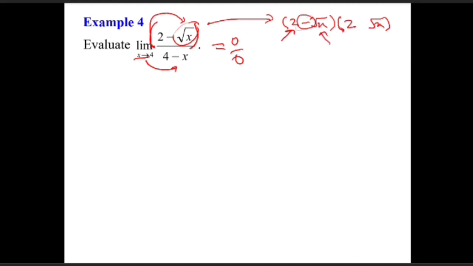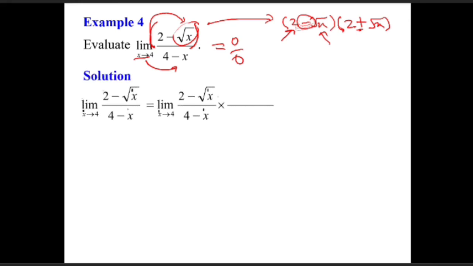If it's a minus here, then you have to write plus. If it's a plus here, then we have to write minus. Okay? Remember, you have to multiply on top and also below with the same function, so that the value that we have multiplied here now is just equal to 1. Remember, we are not changing the value of the question, but we are changing the form of the question.